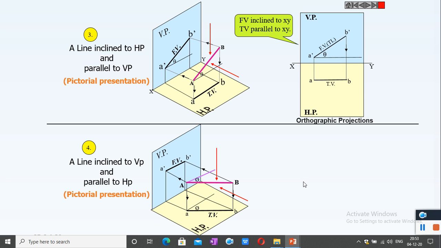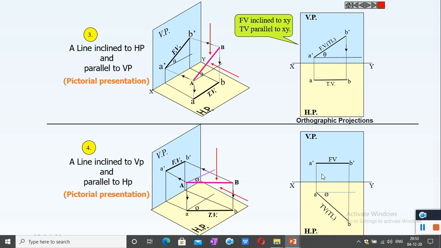And in orthographic projection, the front view is marked at a distance above the XY line and the top view is marked in front of the XY line. Here the length of the line, 100 millimeter, is marked in the top view and in the front view it will be in reduced position.